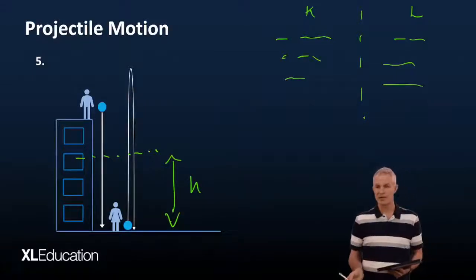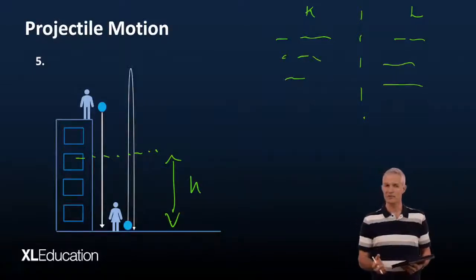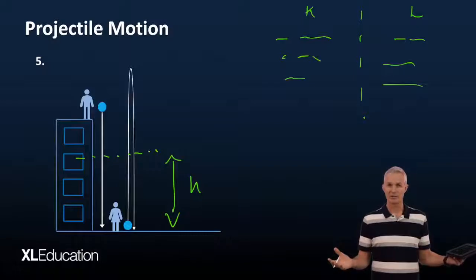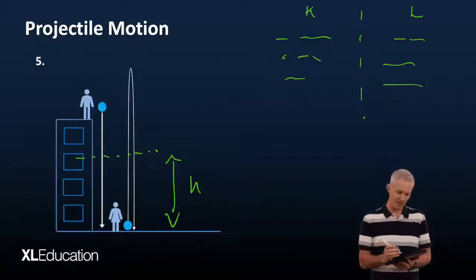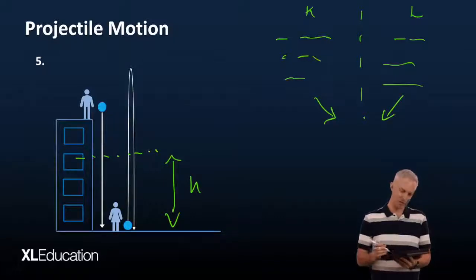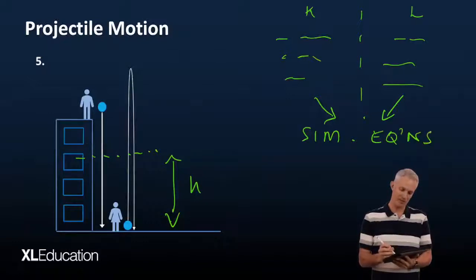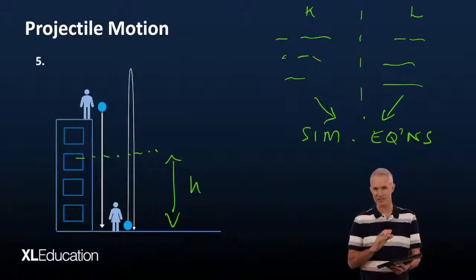But what you'll find is that you don't have enough information on either side to solve either of them. And so you get stuck with too many unknowns, too many letters still amongst your numbers. So when you've got too many unknowns, I'm sure some of you got it already, we're going to have to combine those two equations together and we're going to use simultaneous equations. Okay, so that's where things would go with that kind of question.